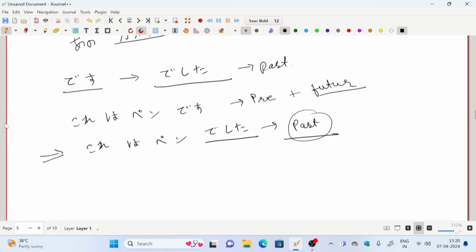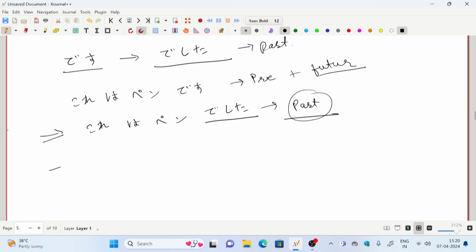Now how to change the same into a past negative? This was a pen will change into this was not a pen. How? Deshita will change into dewa arimasen deshita.